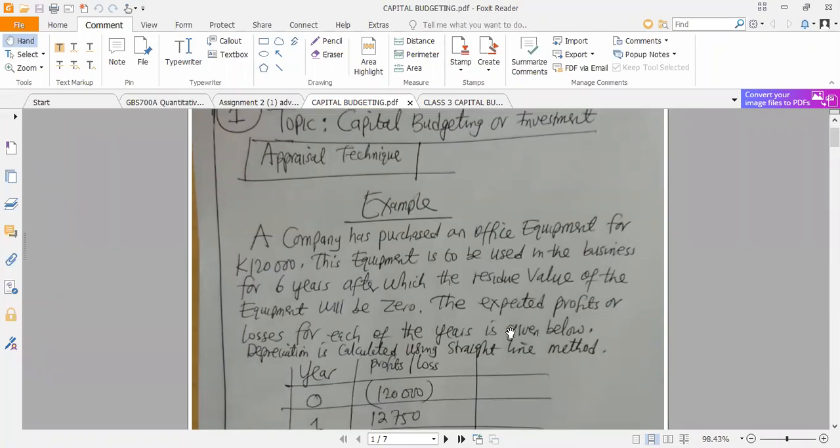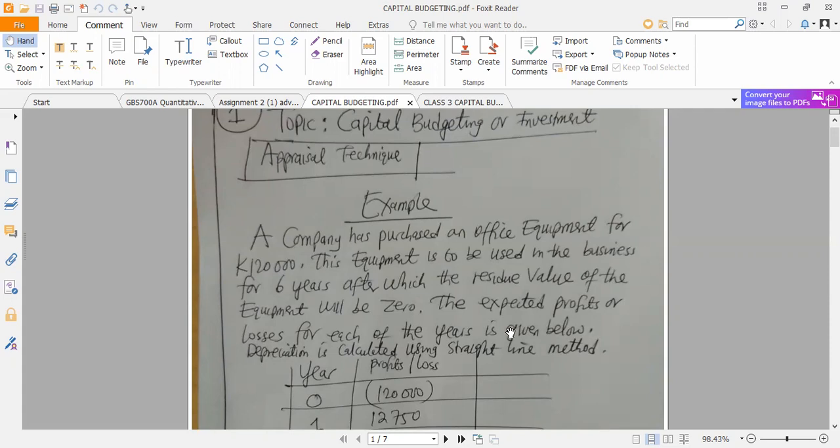A company has purchased office equipment for 120,000. This equipment is to be used in the business for 6 years, after which the residual value of the equipment will be 0.